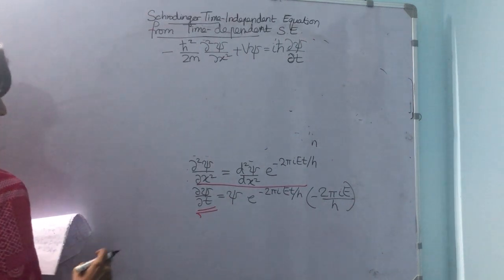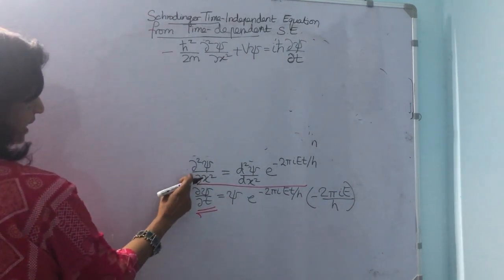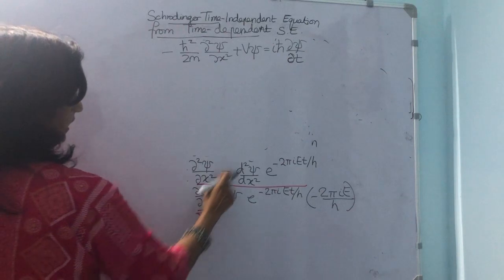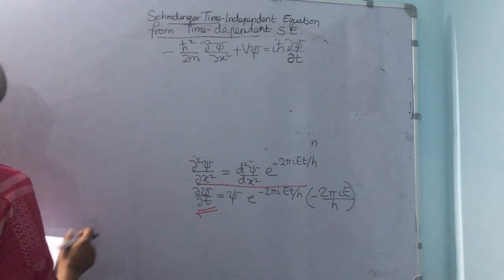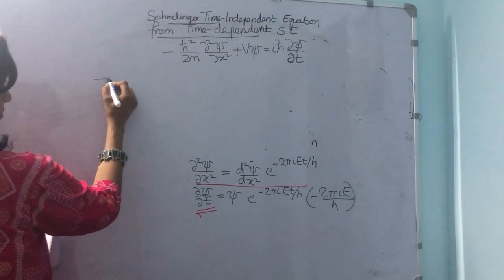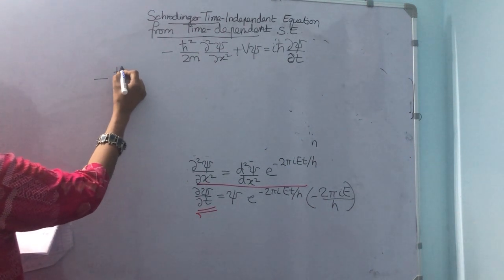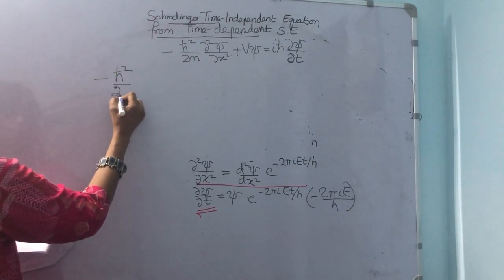Now we put del 2 phi by del x2 here and del phi by del t here.